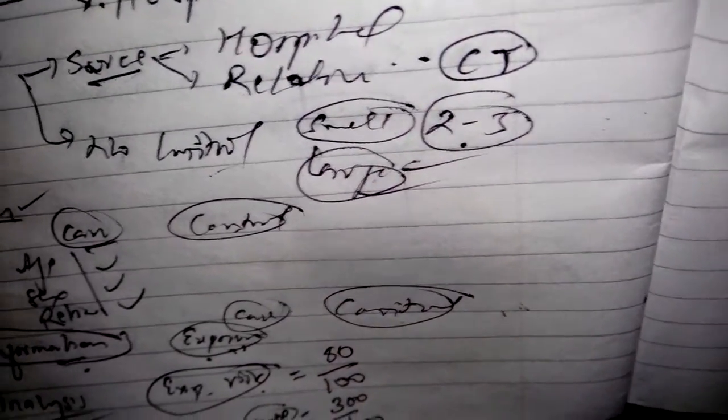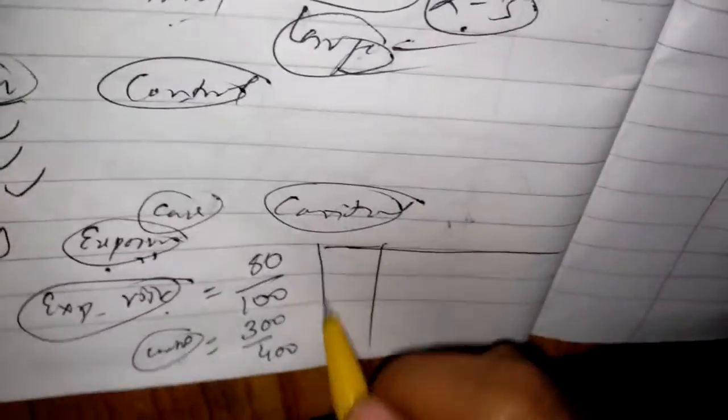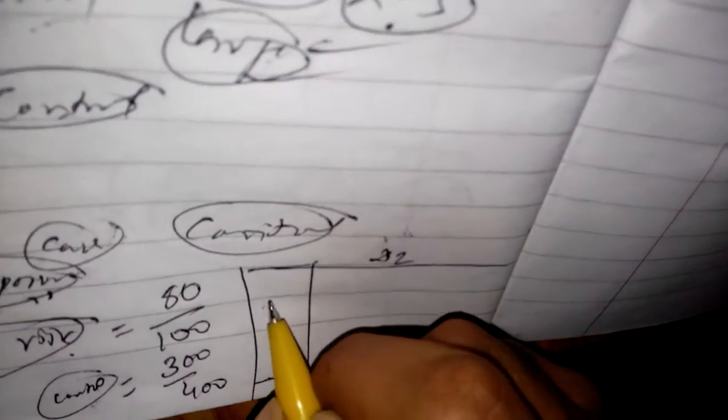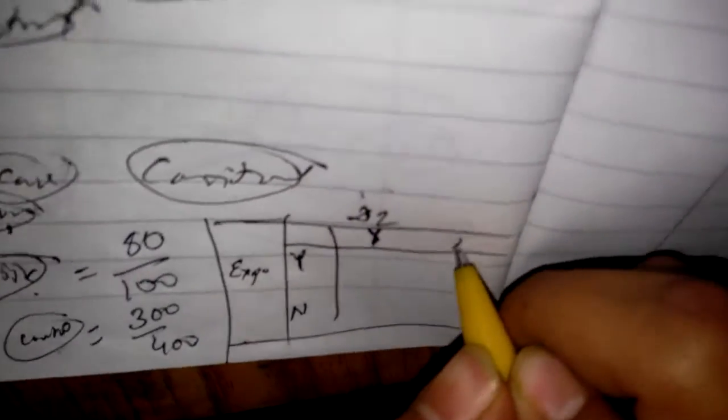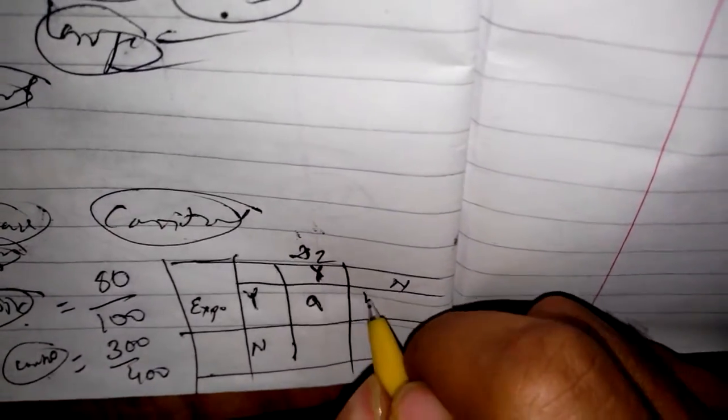Then we can make a table, a two by two chart. Here is disease and here is exposure, with yes and no, and disease yes and no. We label the cells A, B, C and D. Now, what is the odds ratio?